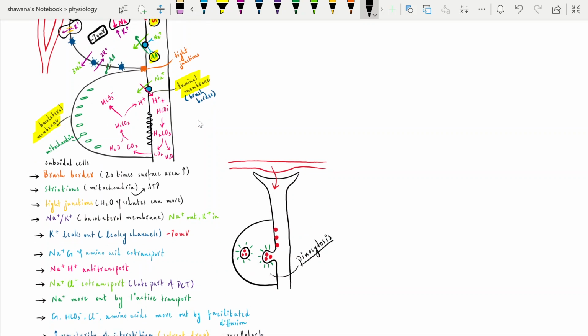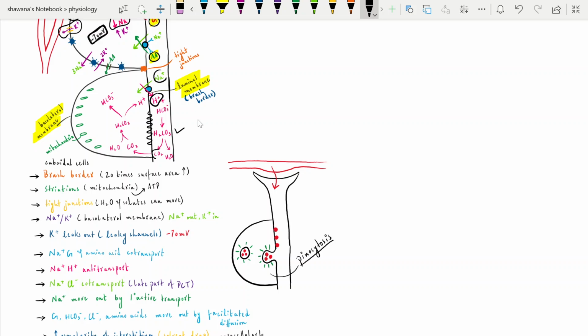And there's also another pump known as the sodium hydrogen or sodium proton anti-transport, because it transports the sodium into the cell and proton out. This proton combines with the filtered bicarbonate and forms carbonic acid, which then dissociate into carbon dioxide and water.